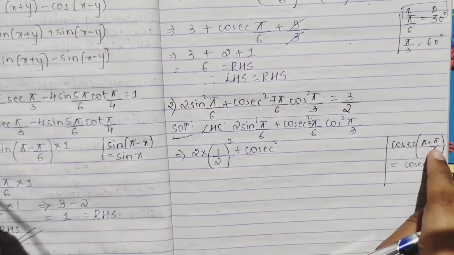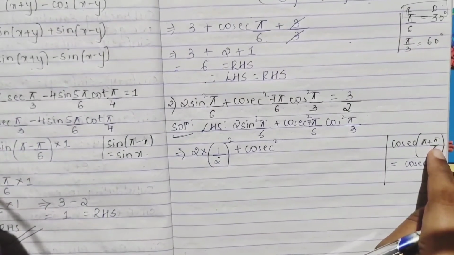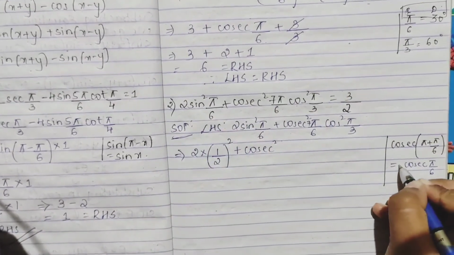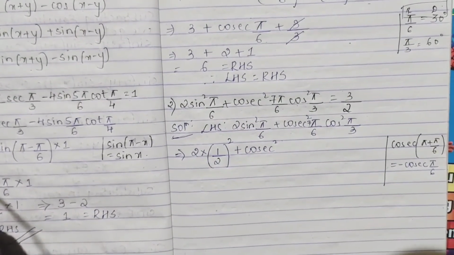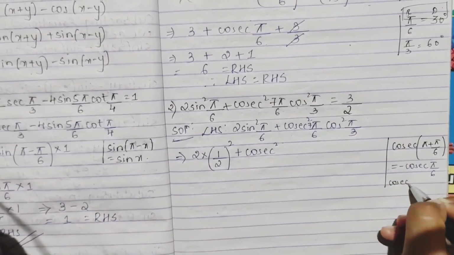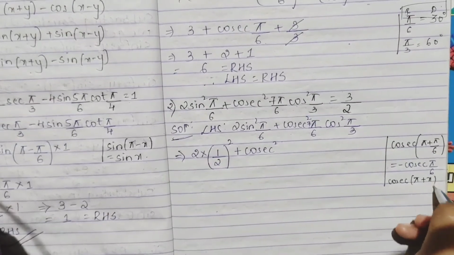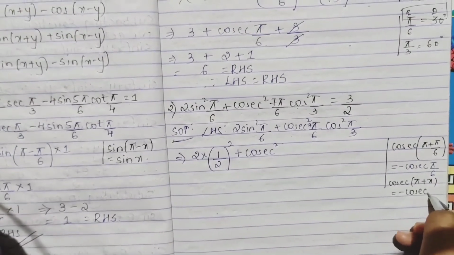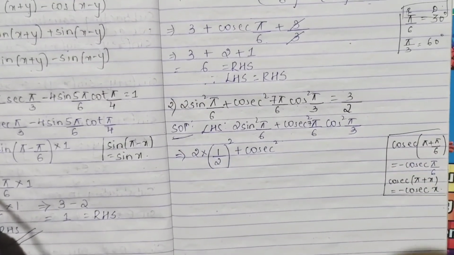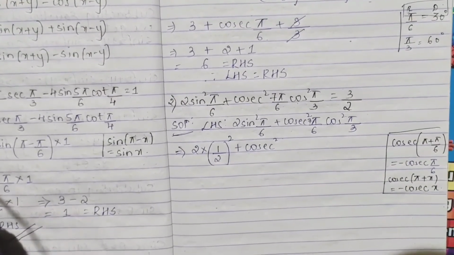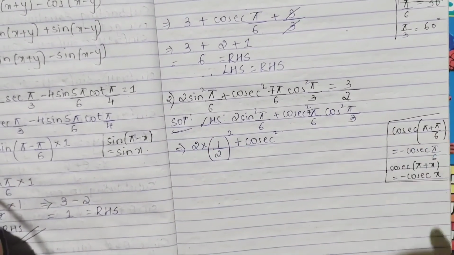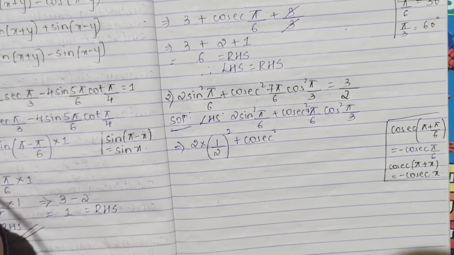Pi plus x means it comes in your third quadrant, and in your third quadrant only tan and cot are positive, rest everything is negative, so this becomes minus cosec pi by 6. You can remember in such a way also, cosec pi plus x, you get minus cosec x. I have shown you that part also. X axis, y axis, function changes, function does not change. Remember, if you don't remember identities properly, go through like this.